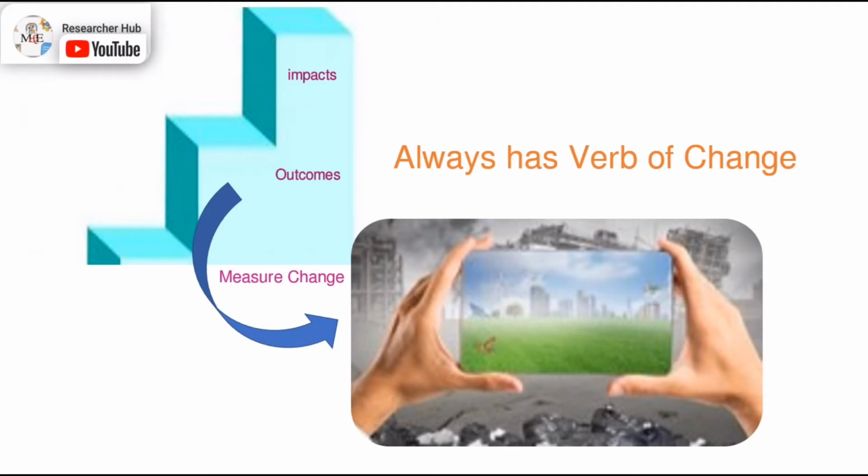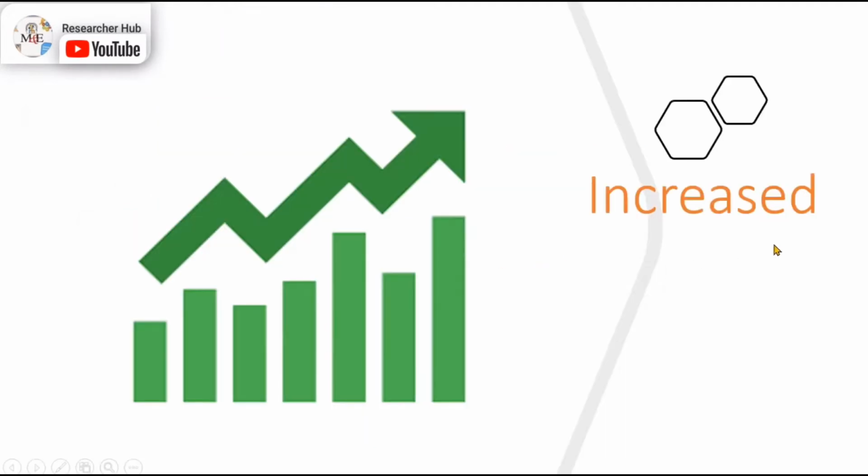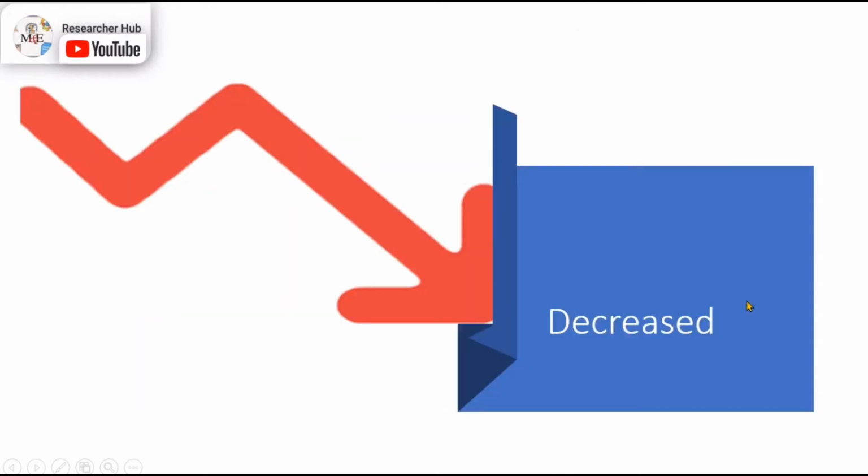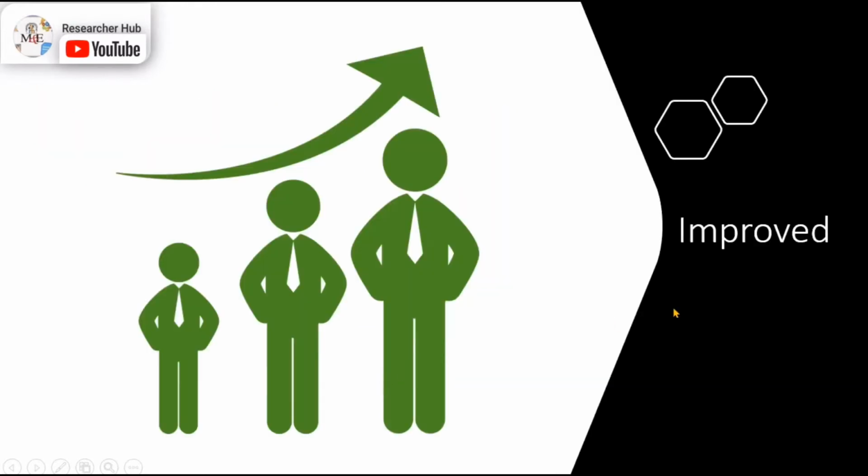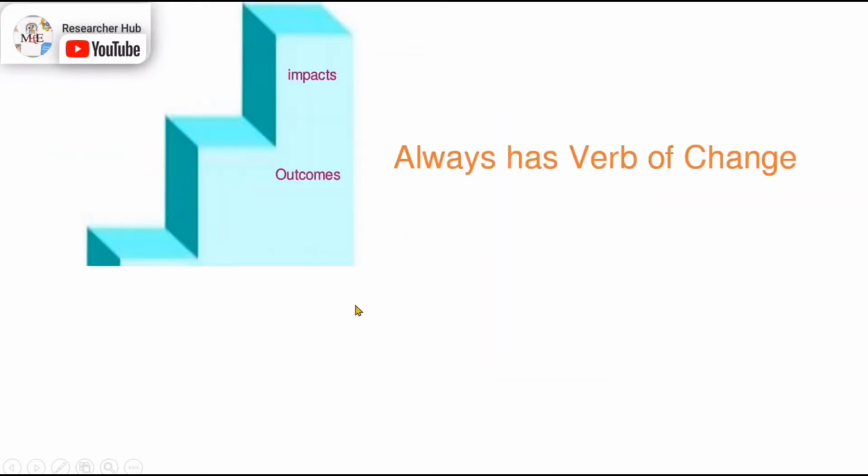For example, here, increase. You might see the verb increase from X to Y, or decrease, or improve. Those are very popular, common words that you can find in an outcome or impact indicator statement.